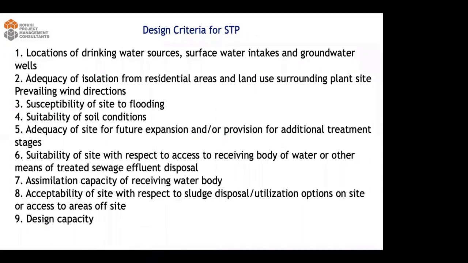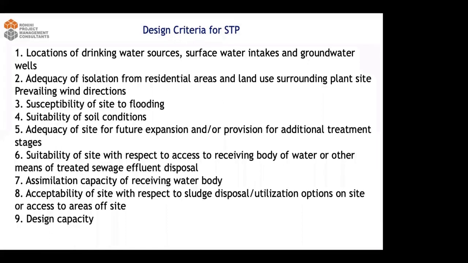First would be the location of drinking water sources, surface water intakes, groundwater wells, adequacy of isolation from residential areas and land use surrounding the plant, prevailing wind conditions, susceptibility of the site to flooding, susceptibility of soil conditions, adequacy of the site for future expansion.